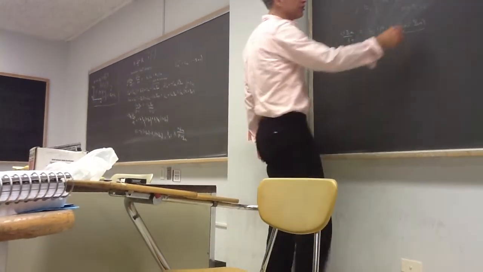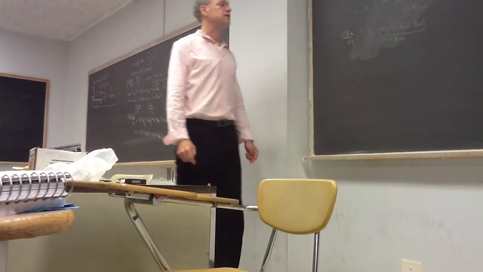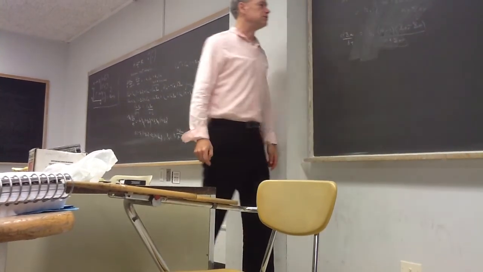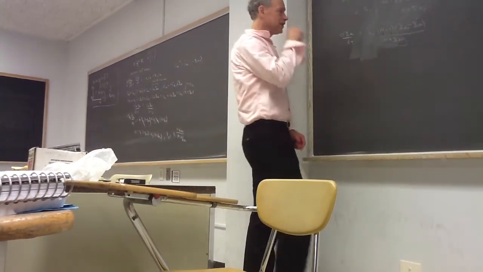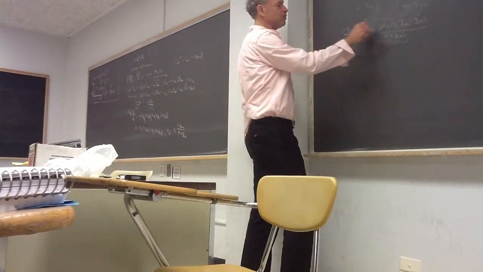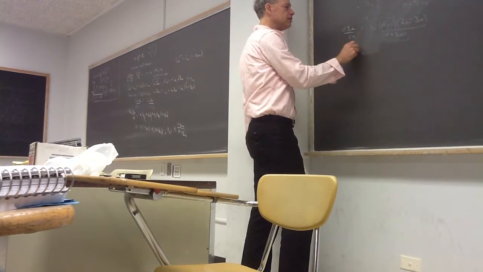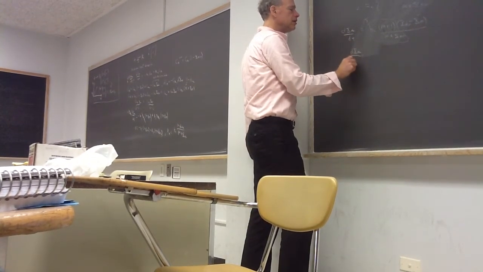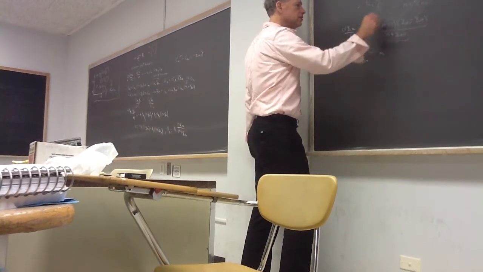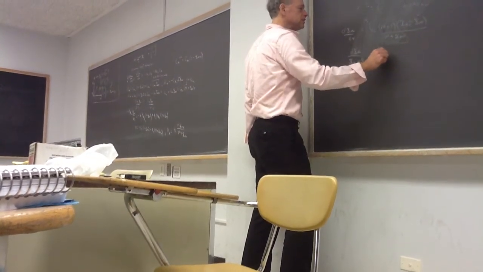And notice the only variable is XA. Everything else is a constant. So I'm going to just put this in at the end. I'll call this capital K, and I'll carry it around with me all the time. So I have dXA over (XAE minus XA) is equal to K dt.